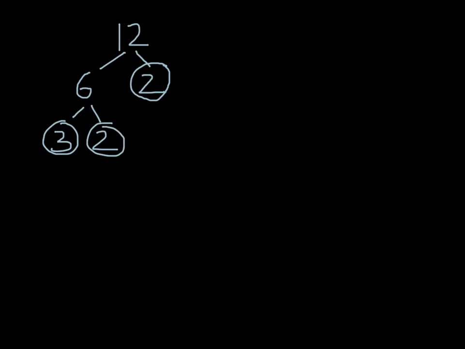Now, remember, I want to take these prime numbers and put them in order from least to greatest with multiplication signs in between. So I'll start off with this 2, and then I'll do this 2, and then finally the 3.